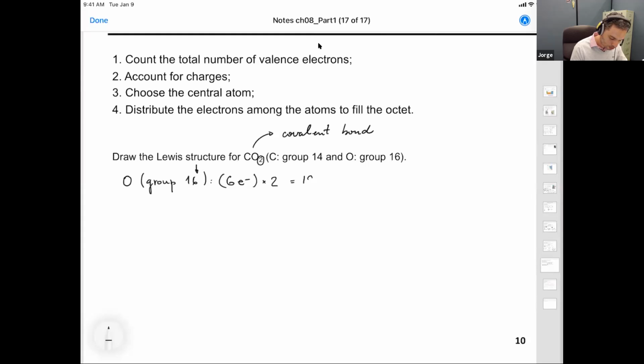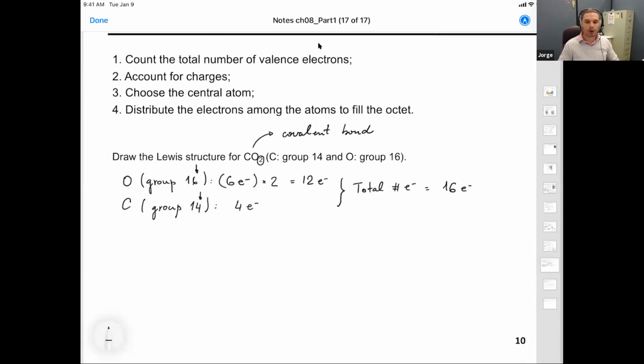Therefore, the total contribution of oxygen for the molecule is 12. Carbon is from the group 14. Therefore, 4 electrons in the valence shell. There is only one. Therefore, that's it. Which means we have a total number of electrons in this compound equal to 16 electrons.